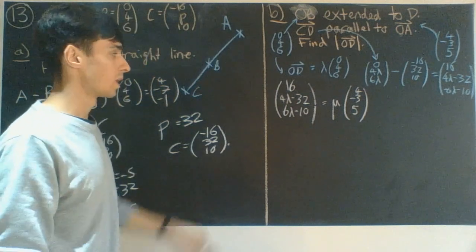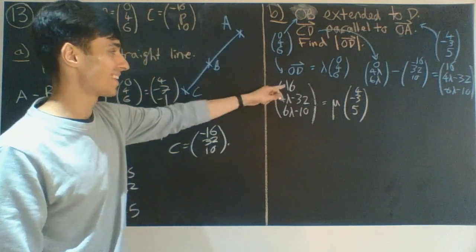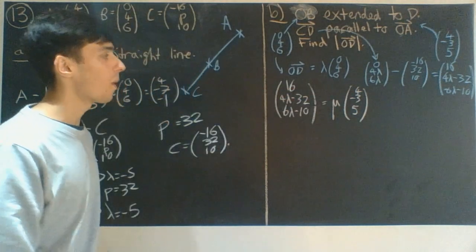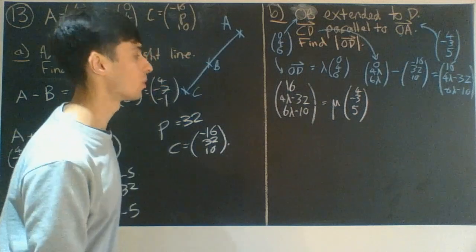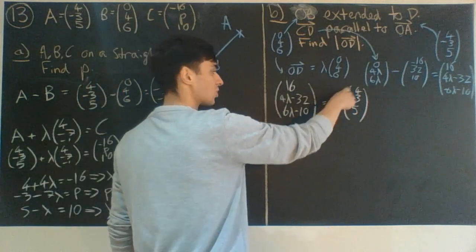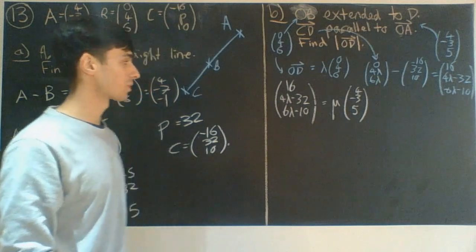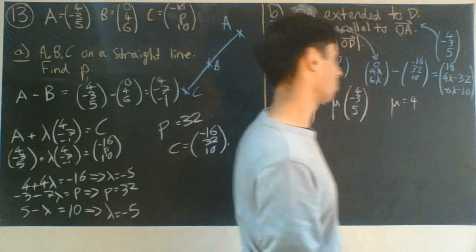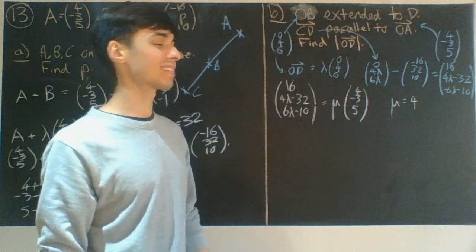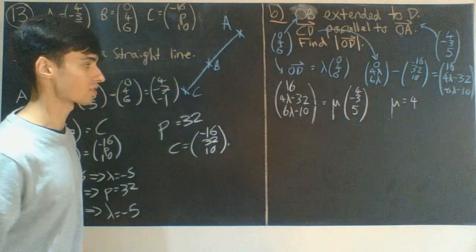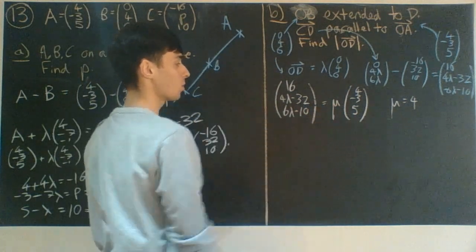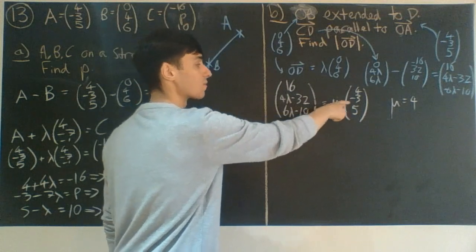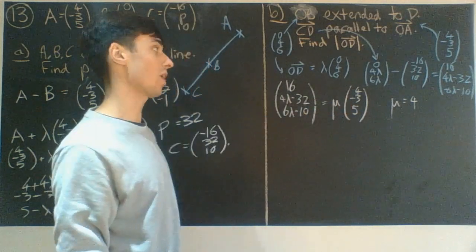Well, at this point, we can pretty quickly see, we've got 16 in the top row and a 4 in the top row over there. Mu therefore has to be 4. It has to be 4 times 4 to get 16. So let's write that over here. Mu equals 4. Then this will generate some more equations for us, because we'll have 4 lambda minus 32 equals 4 lots of minus 3 for the y coordinates.